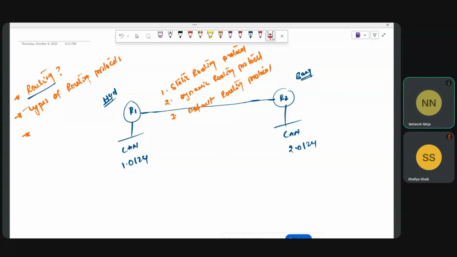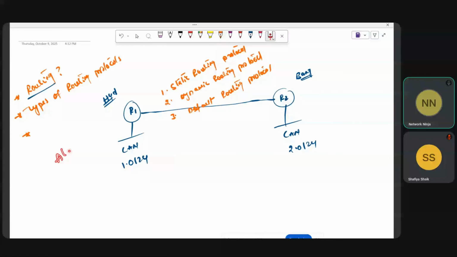It is low resource usage, because if you configure any dynamic routing protocol, such as EIGRP, OSPF, or BGP, it is going to use resources because it runs an algorithm.